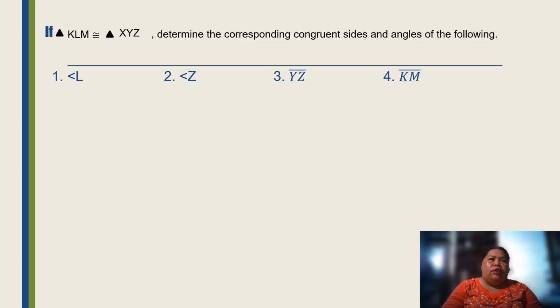We have triangle KLM congruent to triangle XYZ. Determine the corresponding congruent sides and angles.